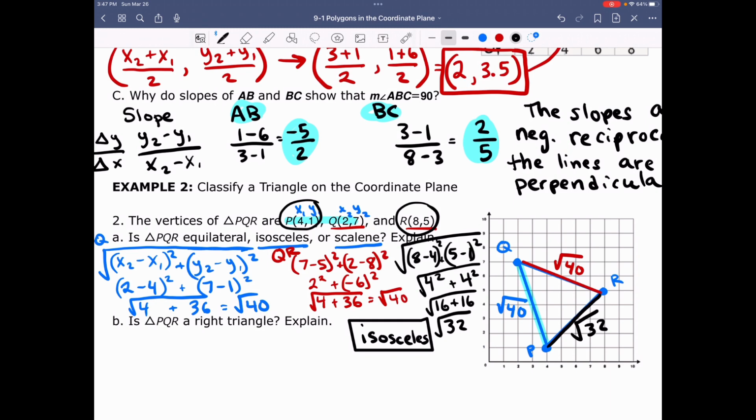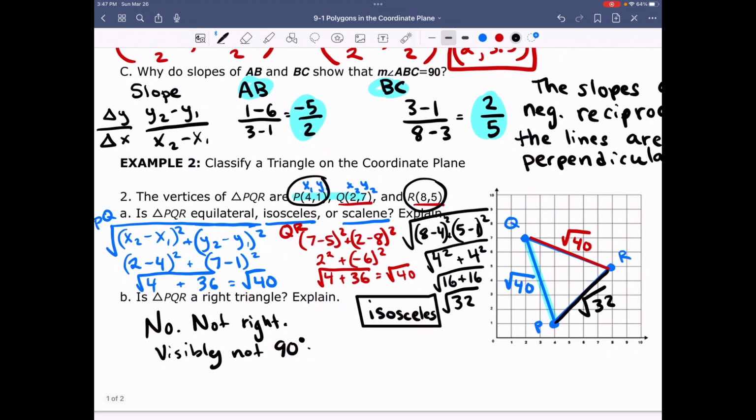Is it a right triangle? I can tell it's not a right triangle. We could figure out the slopes and see if there's a negative reciprocal, but I can tell just by looking at it. No, not right. It's visibly not 90 degrees.